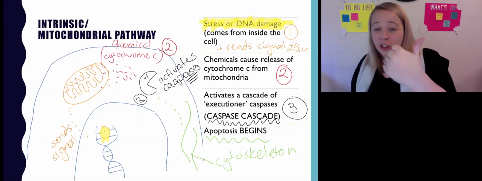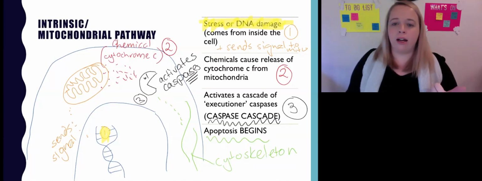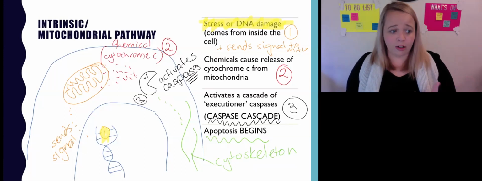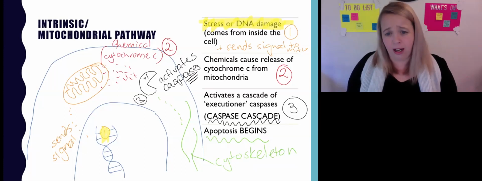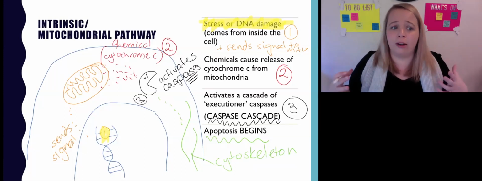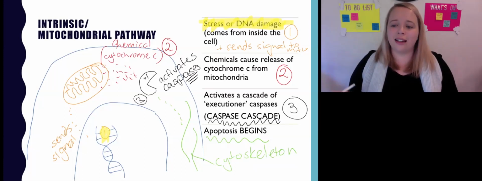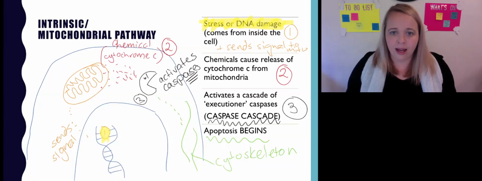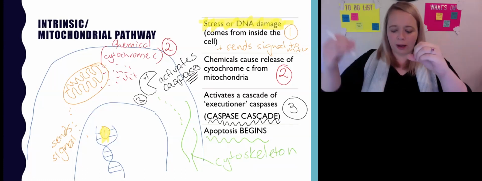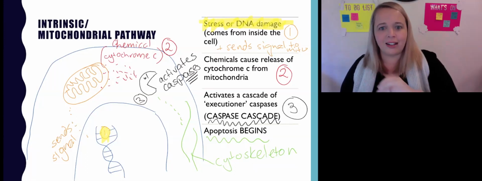There's some kind of internal or intrinsic message, and that could be DNA damage from inside the nucleus. It's going to send a signal to the mitochondrion. And the mitochondrion is going to release more chemicals that activate these molecules called caspases. They cause a caspase cascade, which means one caspase activates another caspase, activates another caspase.